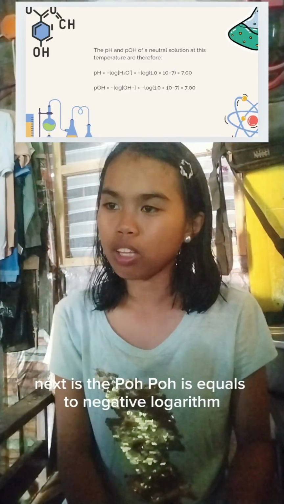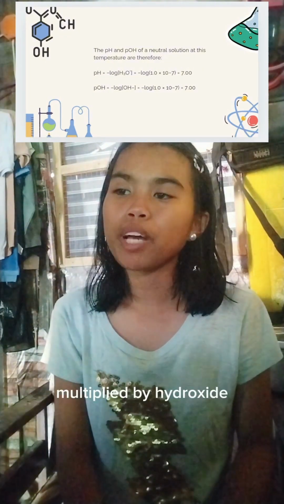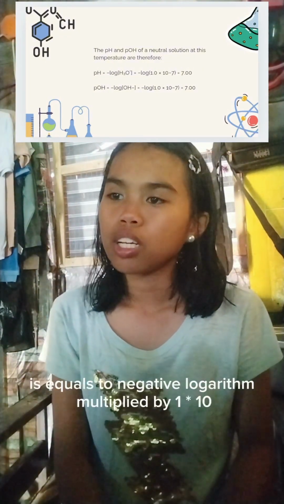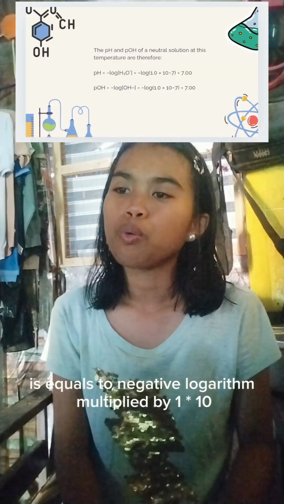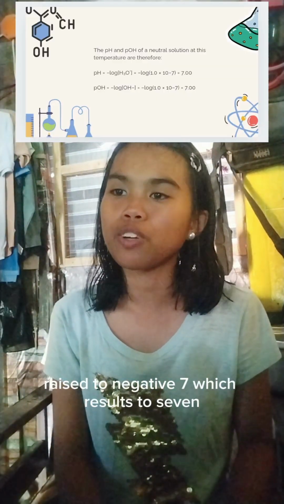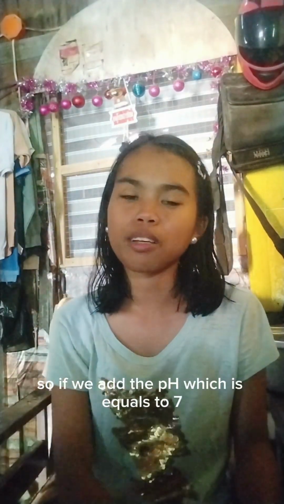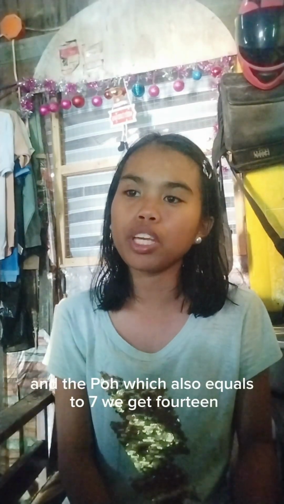Next is the pOH. pOH is equal to negative logarithm of hydroxide, which is equal to negative logarithm of 1 times 10 raised to negative 7, which results in 7. So if we add the pH, which is equal to 7, and the pOH, which is also equal to 7, we get 14.